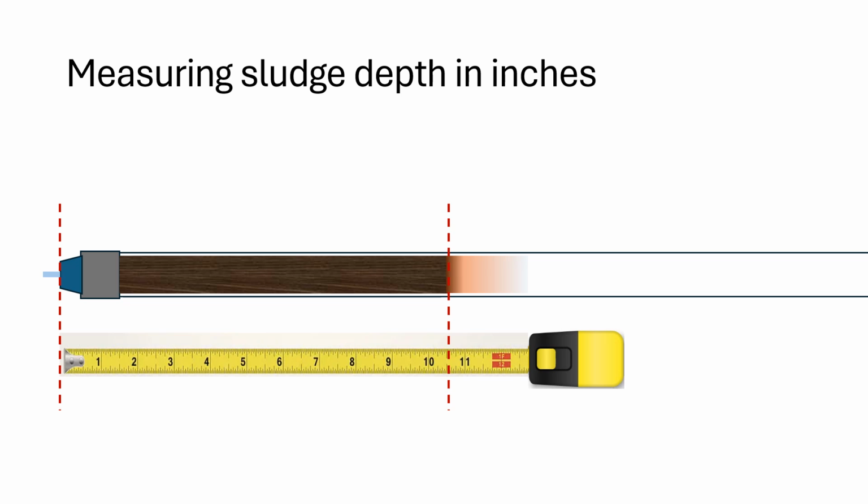We can actually get a measurement of the thickness of the sludge layer. In this case, we have about 10.5 inches of sludge. Normally there will also be markings on the outside of most sludge judges, and you probably won't need a ruler, but this gives us a good example of how the sludge thickness is measured.